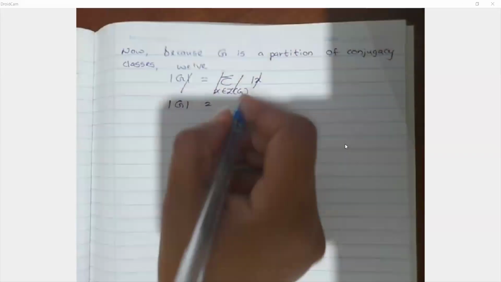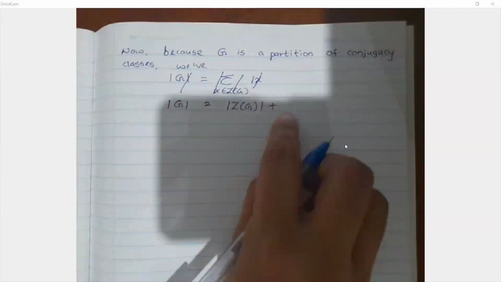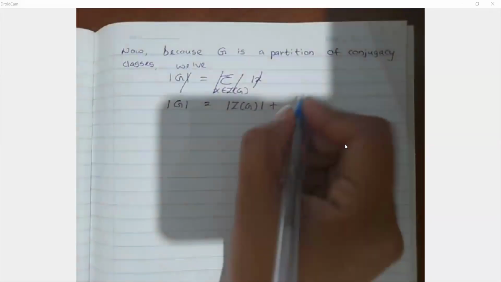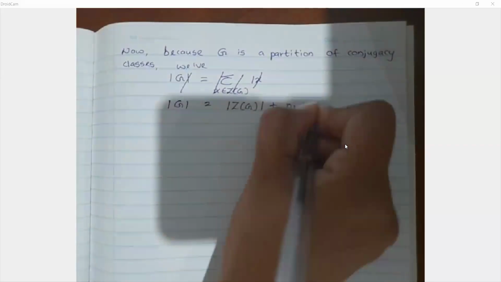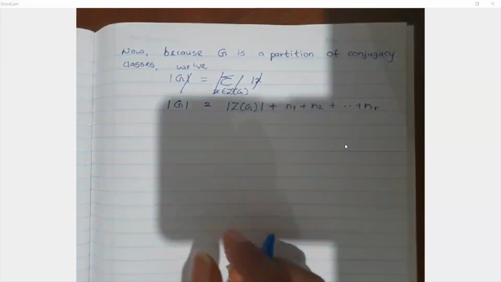So we have the order of G equal to the order of the center plus the number of elements in those other r conjugacy classes that are outside the center. The number of elements of those other conjugacy classes, we have taken to be n_1, n_2, up to n_r, right?